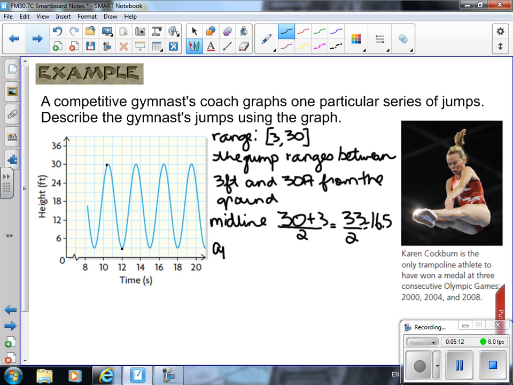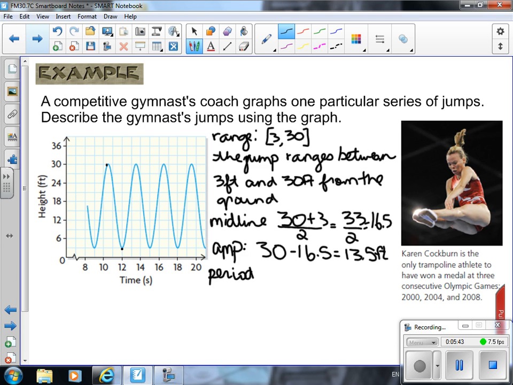Our amplitude, so how high is she away from that midline when she's at the highest point? It would just be 30 subtract 16.5, 13.5 feet. And the period, which would describe how long it takes her to complete one full jump.